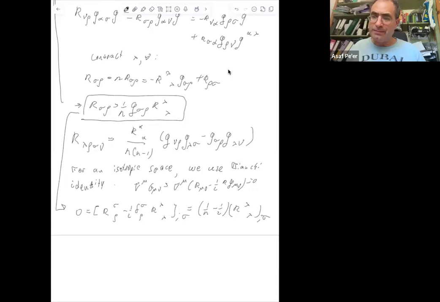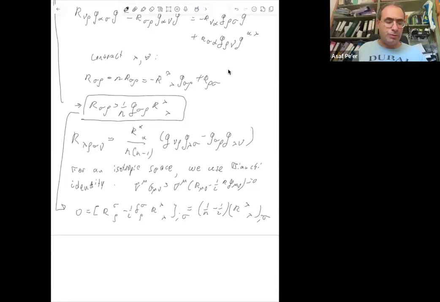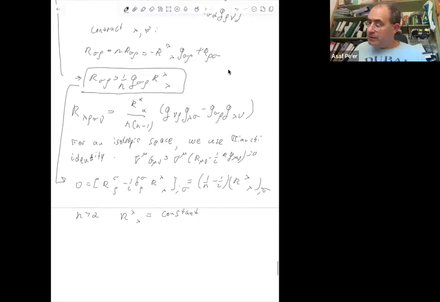That was a bit lengthy, but I told you this is just an algebra. So if n is greater than 2, namely 3 dimensions, that means that R^λ_λ is constant. And if it's constant, then we can write down a new constant, which we call k.